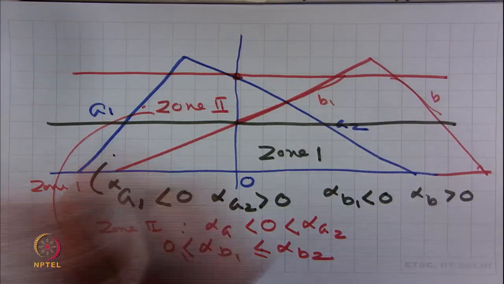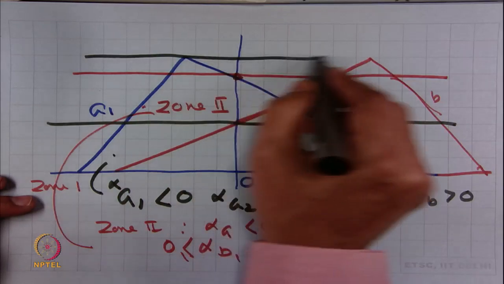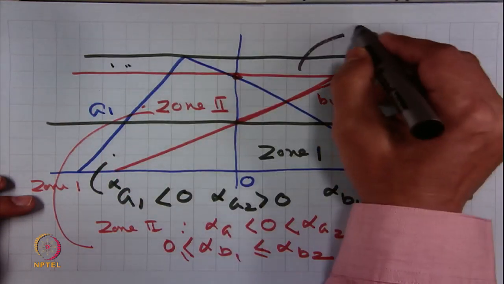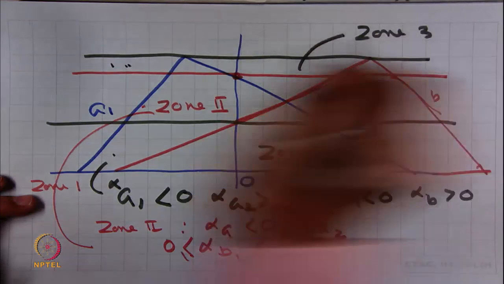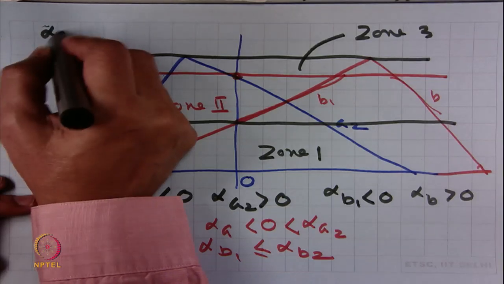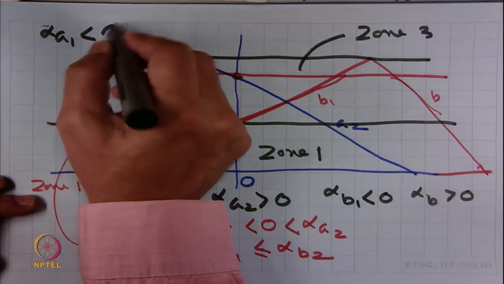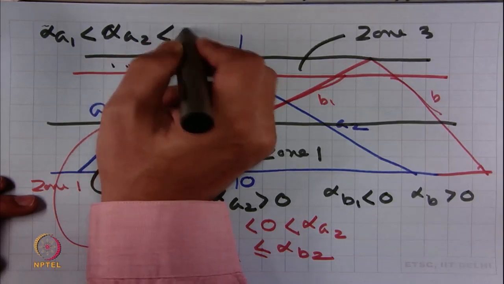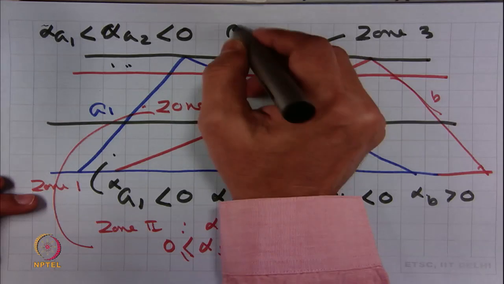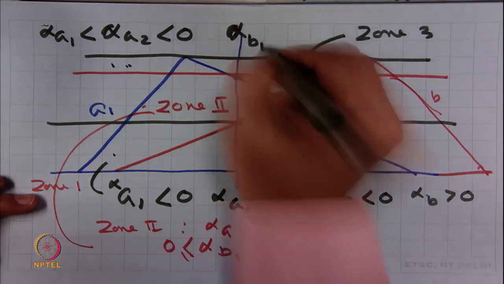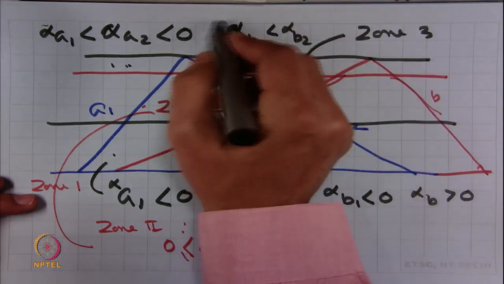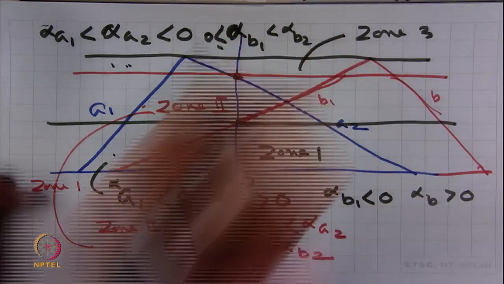And then there is the zone 3. In this region, alpha cut of A1 is less than alpha cut of A2 is less than 0, but alpha cut of B1 less than alpha cut of B2, and both are positive.